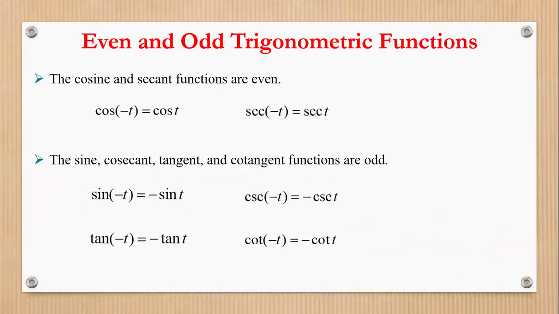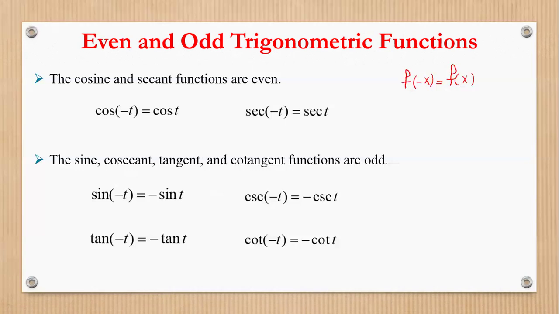The next characteristic of the trigonometric functions is being an even or odd function. When we talk about an even or odd function, we say a function is even if I replace the x by -x in the function, and when I find the function, I get exactly the same as the function f of x.